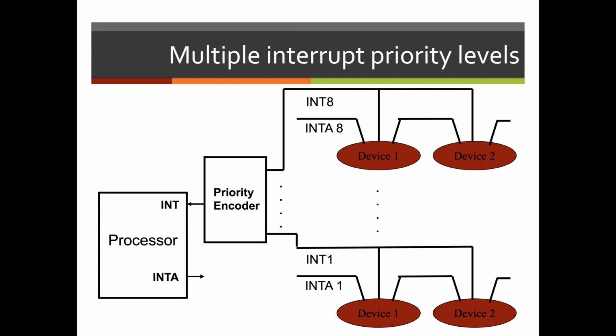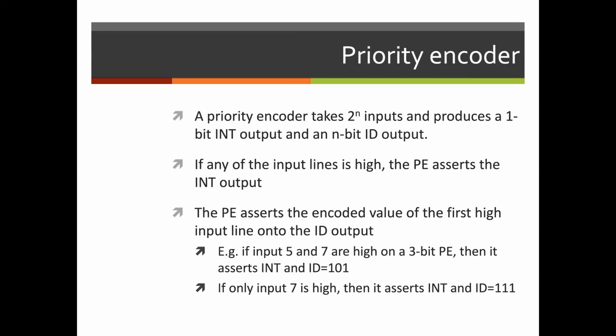And so how exactly can we represent this appropriately with our priority encoder? You want to keep in mind that the priority encoder will take 2 to the n inputs and it'll produce a 1-bit int output, as well as an n-bit ID output. If any of the input lines are high, then the PE asserts the int output.